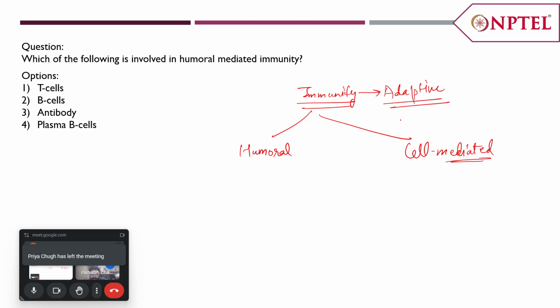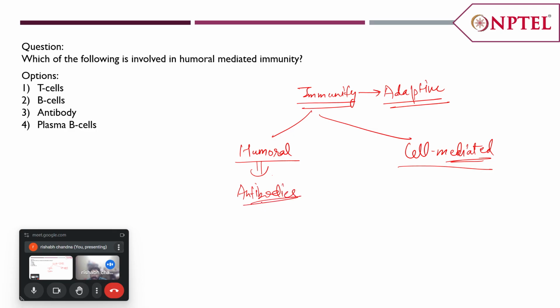In humoral immunity, we mostly talk about the proteins involved in the blood, that is basically the antibodies, and the immune response is related to the antibodies.